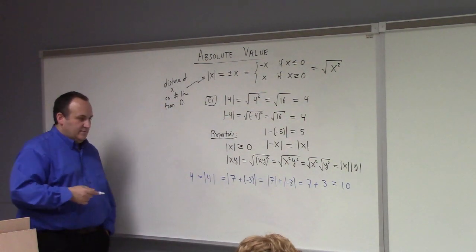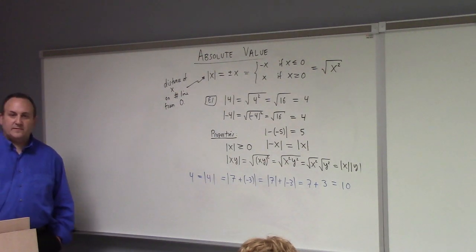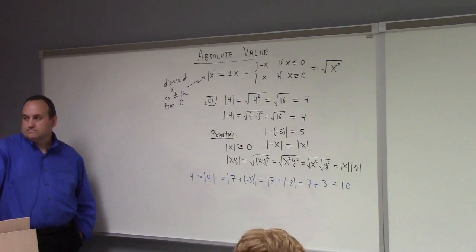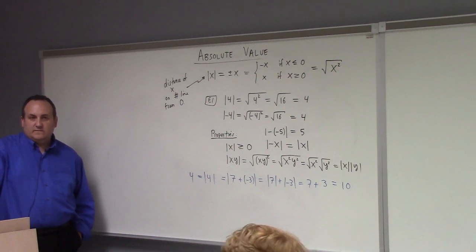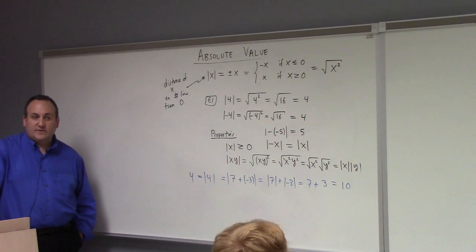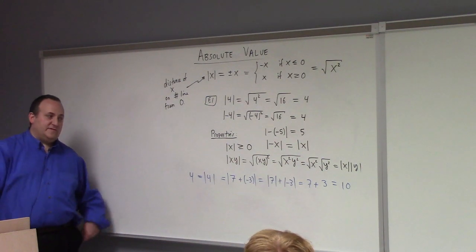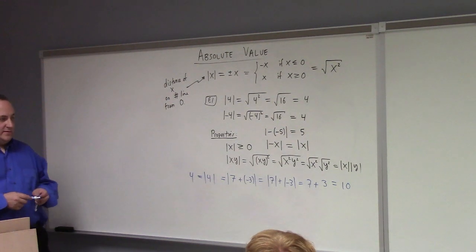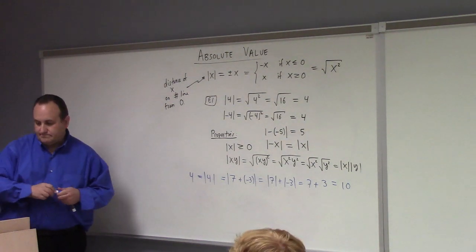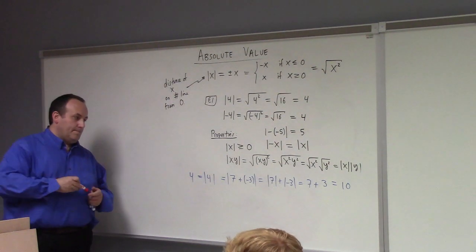So 4 equals 10. Where's my error? Which of these steps is forbidden? There are many things that are true. The parts on the side are true. There's one very wrong: the minus 3 by itself.